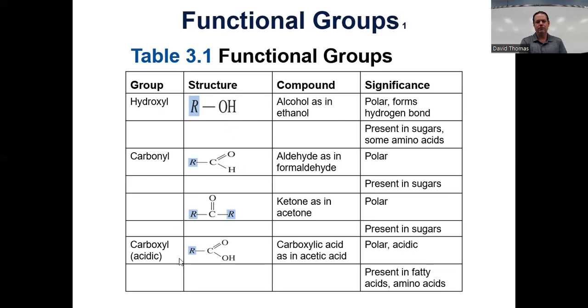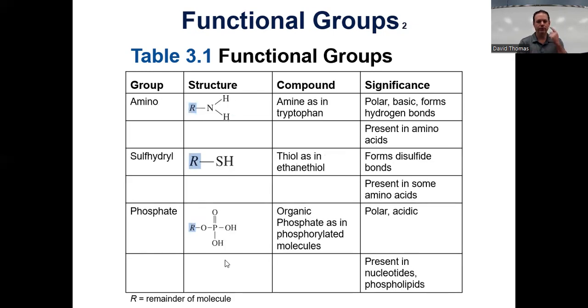Sometimes we'll see this a little bit later on. We'll talk about the carboxyl group here. It's a carbon that's double bonded to oxygen, and it also has an OH group on that carbon. You see that in your amino acids. Your proteins are going to have one end with that carboxyl group. Also the amino group, where you find nitrogen as part of the molecule: a nitrogen and 2 hydrogens.